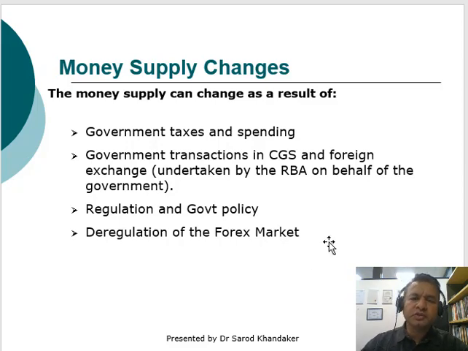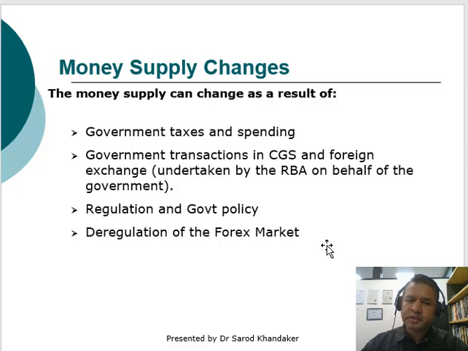All of these factors can affect the money supply. For example, take the first point, government taxes and spending. If the government increases taxes, more money goes out of the business and into the government fund. So some money leaves the market, and it will impact the money supply.